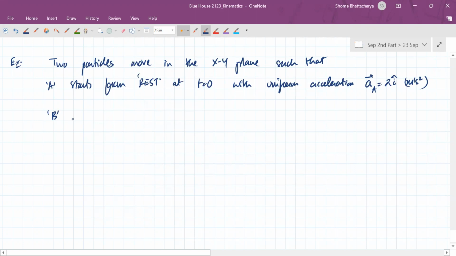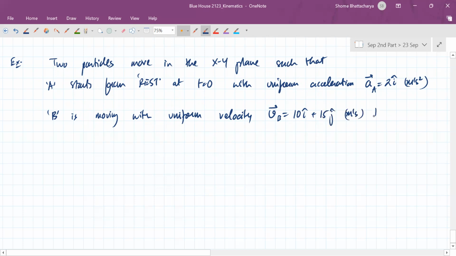B is moving with uniform velocity of VB equal to, let us say, 10I cap plus 15J cap in meters per second.